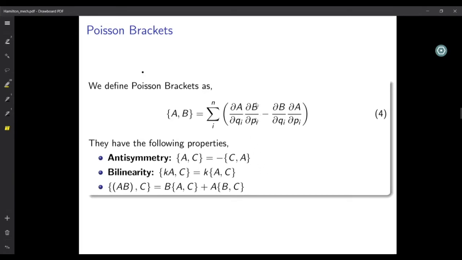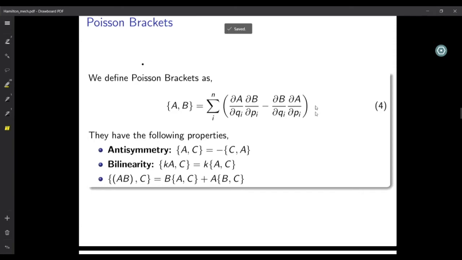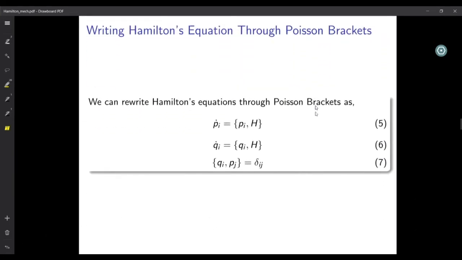Here we can see that if we substitute pi and H, then the pi and pi cancel, and you get dou H by dou qi minus... and here the qi cancels out. So you can see how the entire equations of motion in terms of the Hamiltonian can be written in terms of elegant Poisson brackets, right?